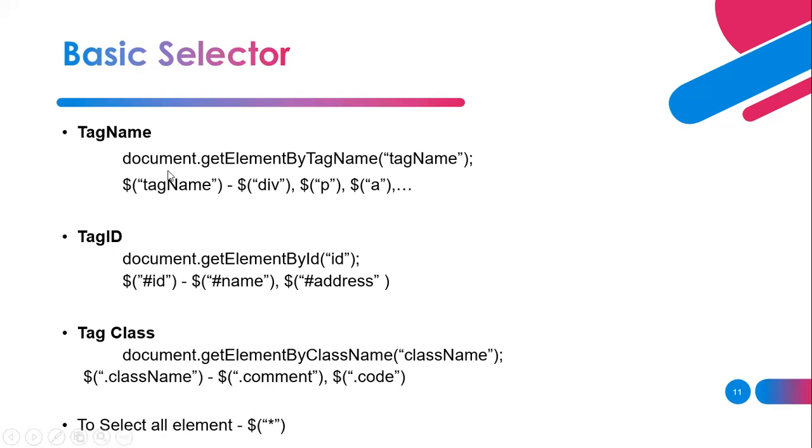So the difference is that if we are using the tag name, we don't need to add anything other than the tag name. So dollar sign, brackets, quotation marks, and the name of the tag, for example div, p. No decoration needed.